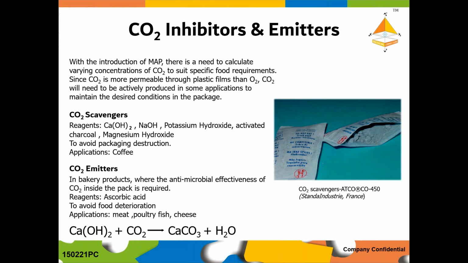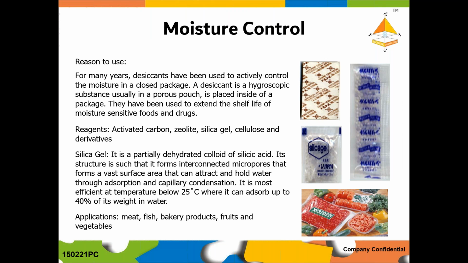In the same way, CO2 inhibitors and emitters are possible, especially for bakery. For moisture control, there are silica gel, activated carbon, zeolite, and some cellulose and derivatives. Typically you see silica gel when you buy a suitcase or computer bags, some silica gel bags lying around, because moisture is quite possible everywhere, so it keeps absorbing actively.